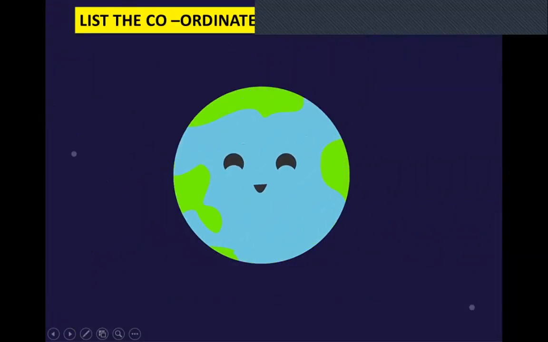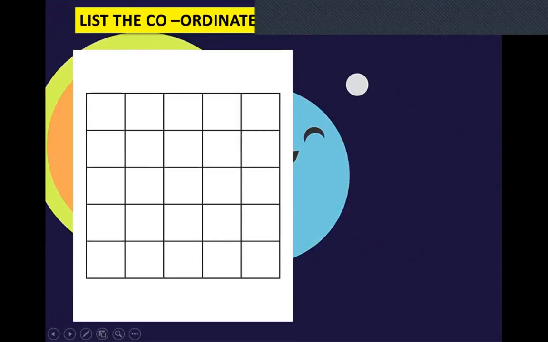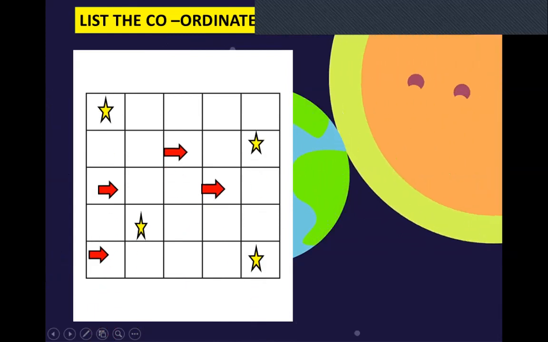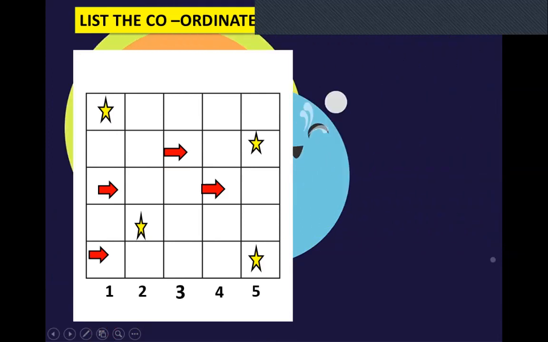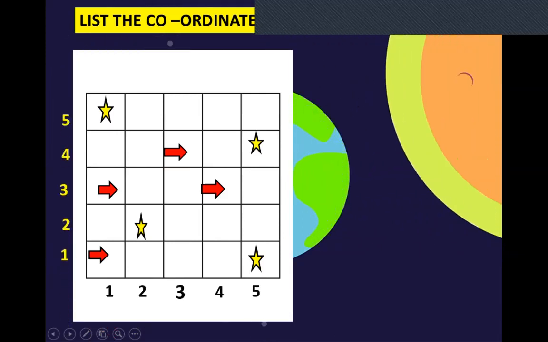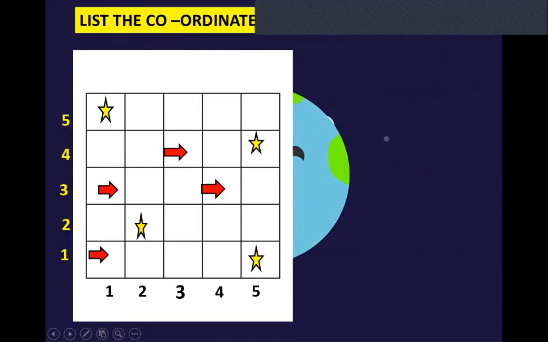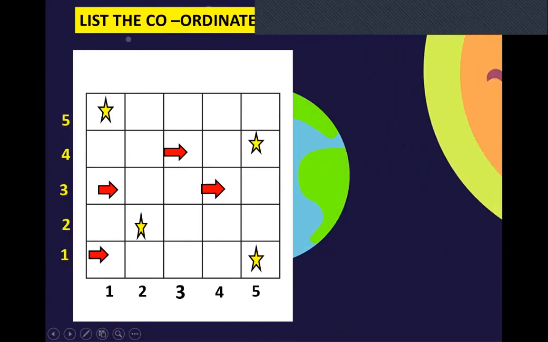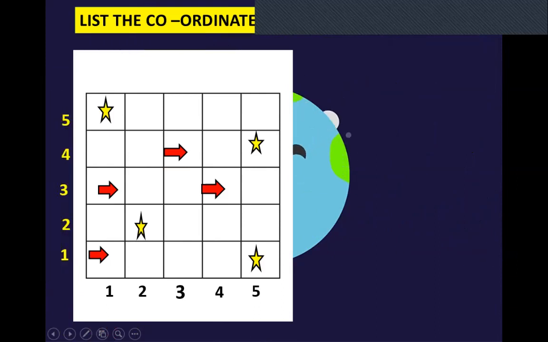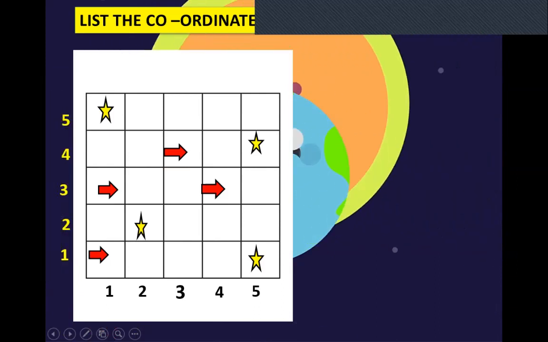List the coordinates for the stars. Here you can again see a grid with stars on the x and y axis. Now, how are we going to write them? Now, please focus only on stars and tell me their position.